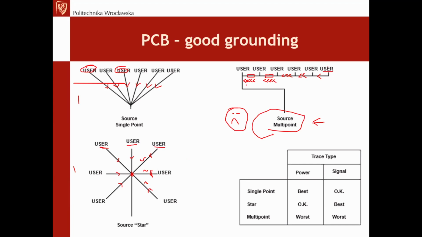With the multi-point, the highest current we have here, through this impedance, will induce a very high voltage drop.